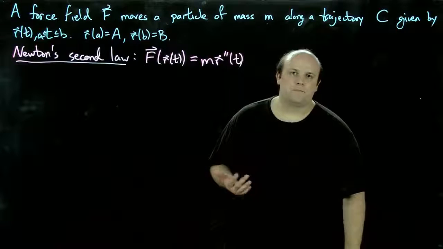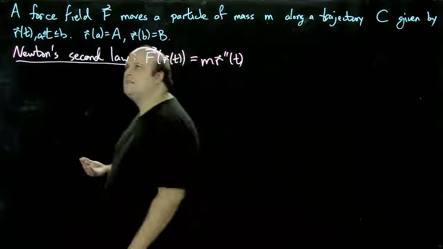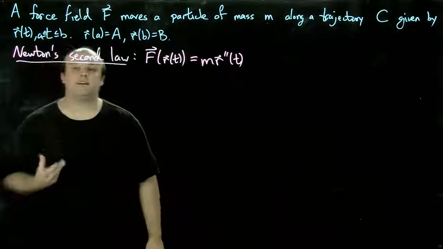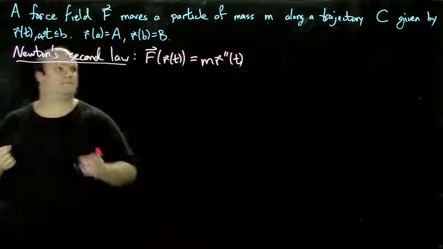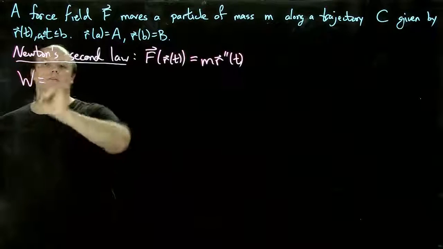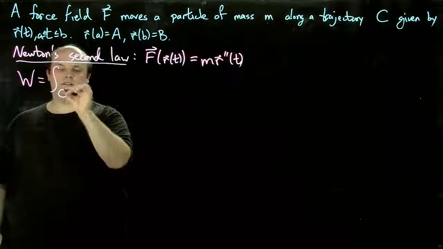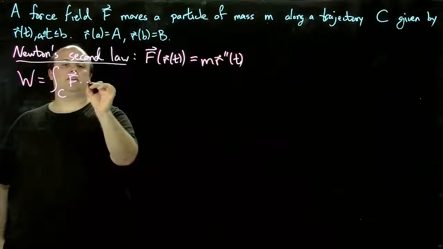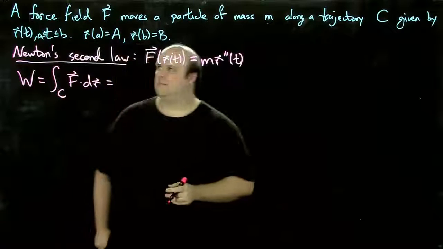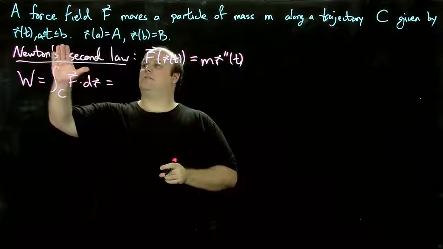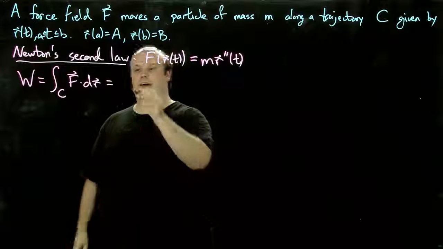All right. Well, so how much work does this vector field F, this force field, do on the particle? So the work would be the integral along the path of F dot dr. Okay. Well, so we have a parameterization of the path.